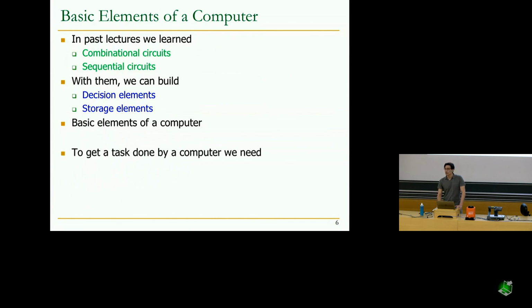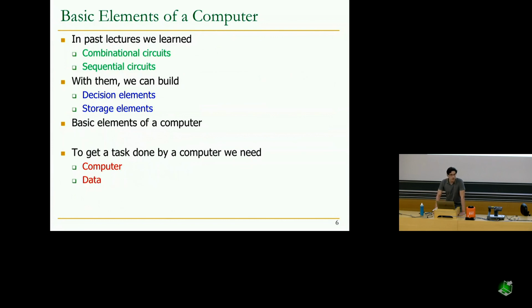Why do we need computers? Because we want to run tasks on them. We want them to perform tasks for us, right? And if we want to get a task executed on a computer, what do we need? For sure, we need a computer, and that's the first thing we are going to talk about, how to build a computer.